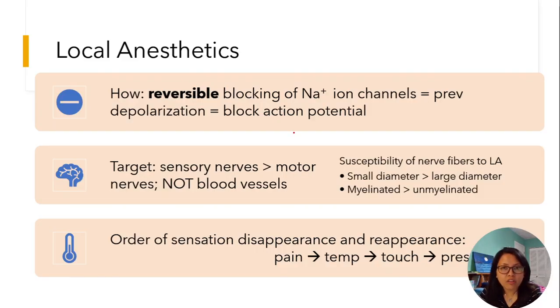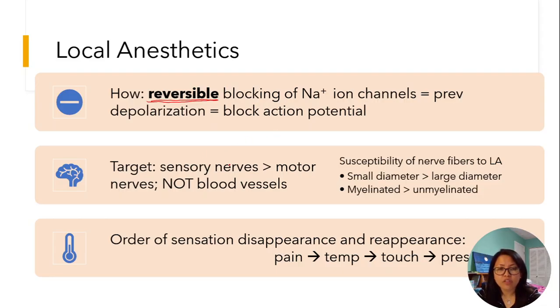Now, one important thing that we have to take note of in this mechanism of action is that local anesthetics should work in a reversible manner, meaning the numbing should wear off after some time. So this is not permanent blocking of sodium ion channels, but it is temporary or reversible blocking of sodium ion channels.